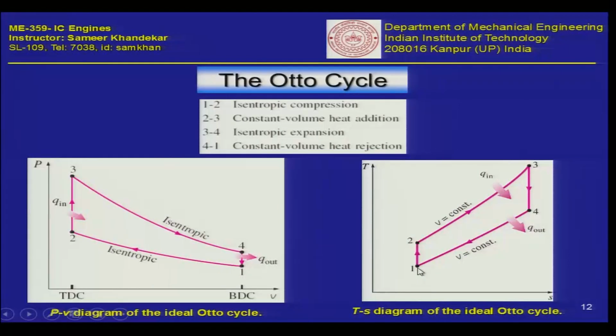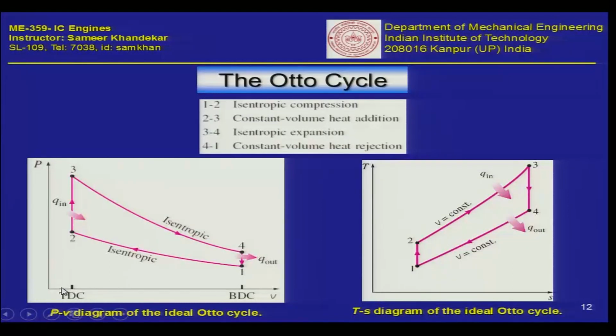On the temperature entropy diagram you can see it is an isentropic process. You go from a certain level of entropy, you compress, and you reach the same level of entropy. If you compress, naturally the temperature will go up and the pressure will go up. So, you are compressing an ideal gas, reducing the volume from BDC to the TDC in a real piston mechanism.